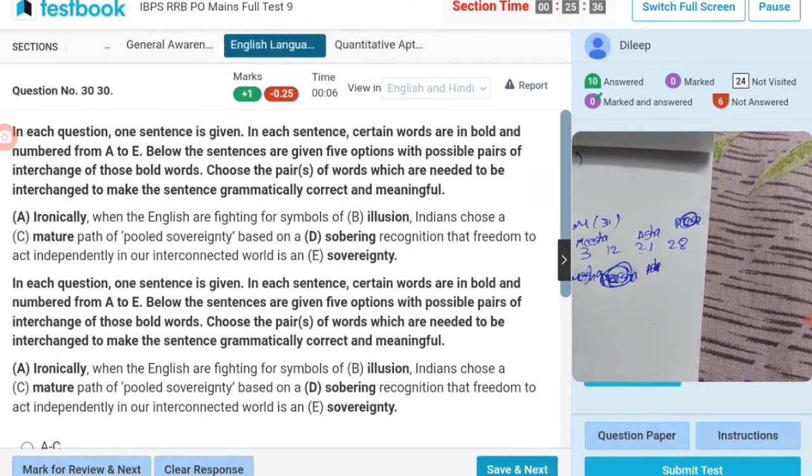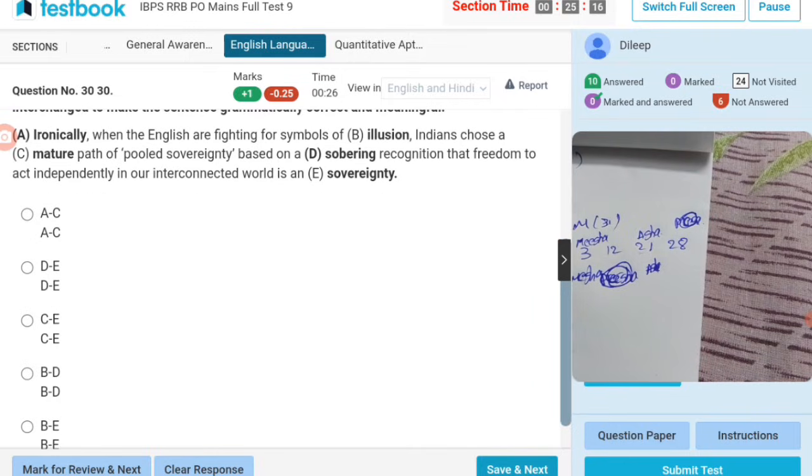In each sentence, certain words are in bold and numbered from A to E. So here, when the English are fighting for symbols of Indian shows a measure path and illusion. So I think BE.